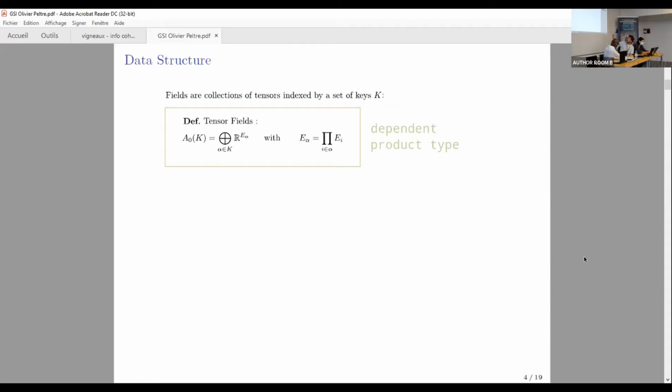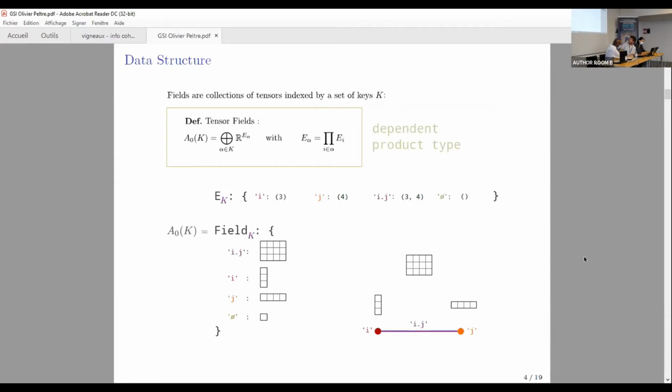So each R to the power E_alpha is the space of local functions on a Cartesian product. So each E_i, all the components of the product, can represent different atoms or different bits in signal processing. And so it's basically a dependent product type.